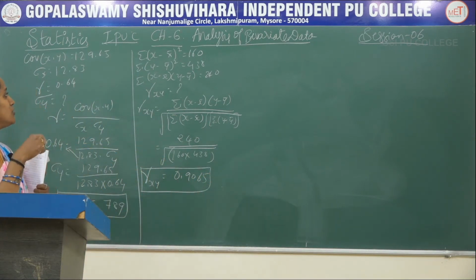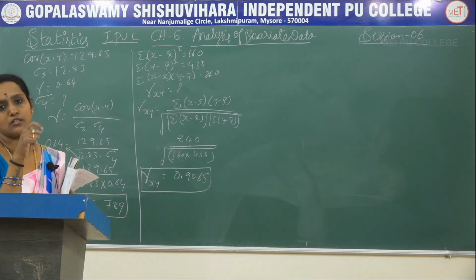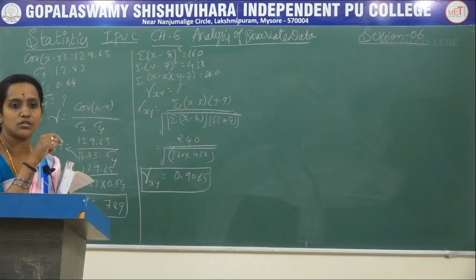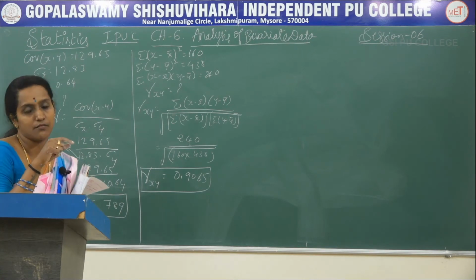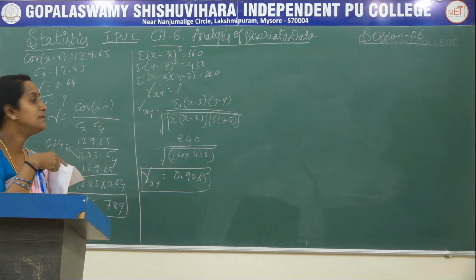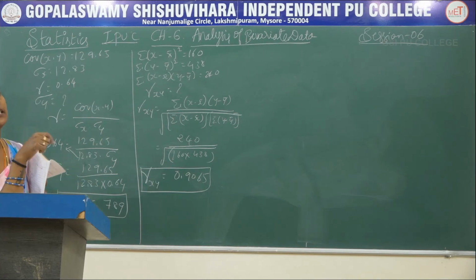So in examination, if they have given the summation of x minus x bar into y minus y bar, it will be the covariance of x comma y, and the summation of x minus x bar whole square is related to the standard deviation, and for y minus y bar we know how to find the variance. This is the variance formula. So inside the square root it will be a standard deviation.